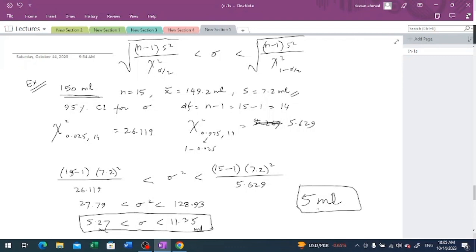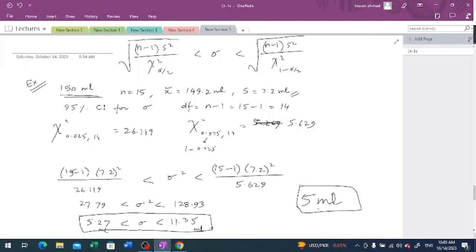So this is the case. It is exceeding and it is alarming. So the supplier or manufacturer has to do something to correct the machine. The machine needs a repair because it is exceeding the standard value set for the standard deviation to be less than 5 ml.